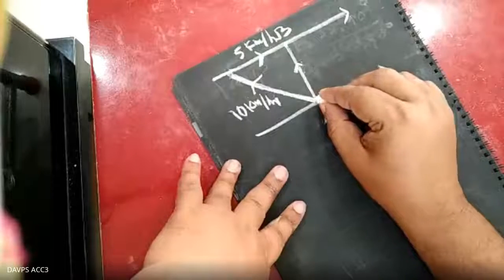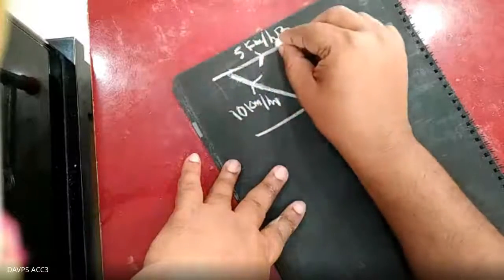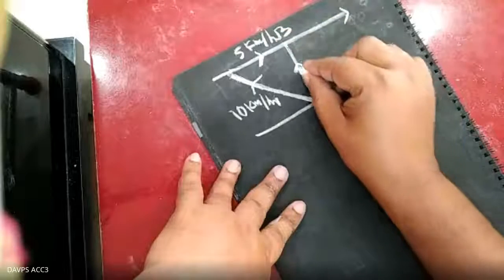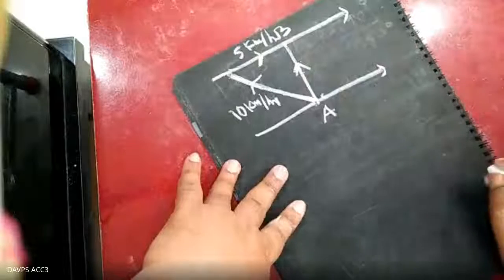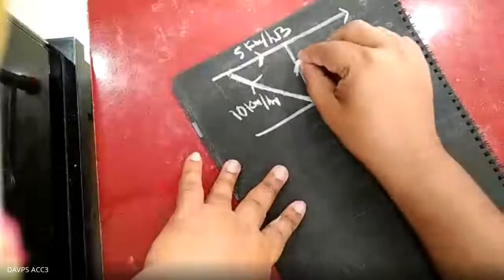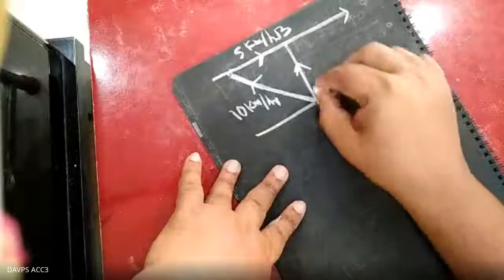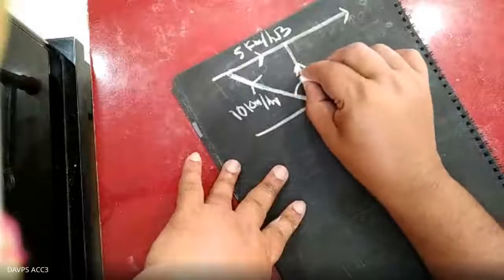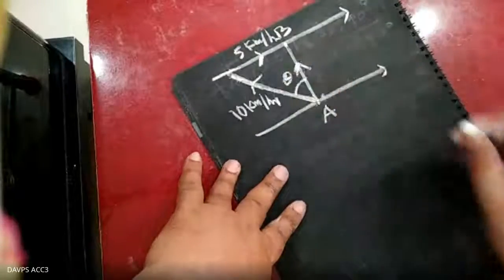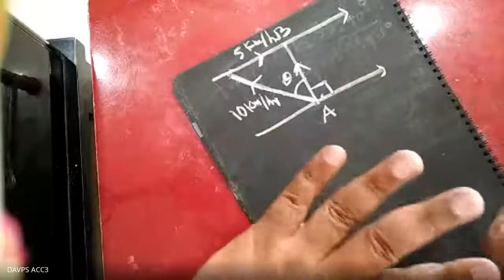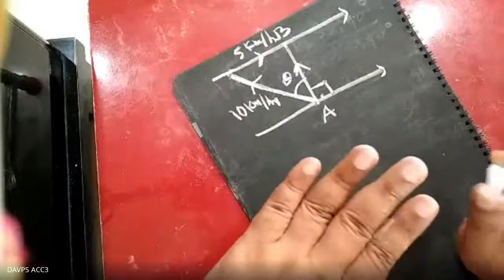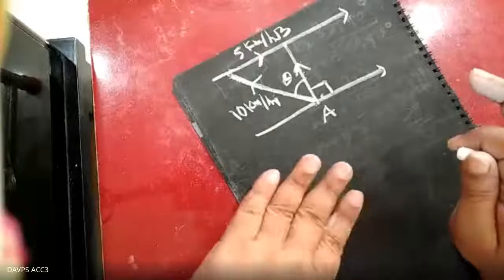From the triangle, these two vectors are in order, and this vector is in opposite order. So this is the resultant. This angle is equal to theta, and this angle is 90°. Students, be careful about what I am going to tell you now.